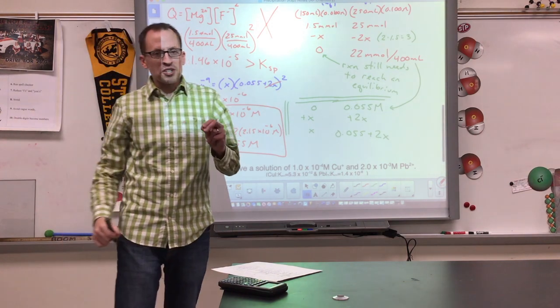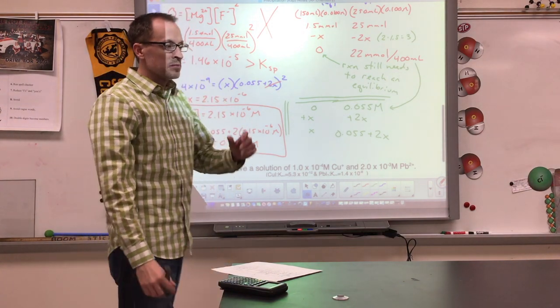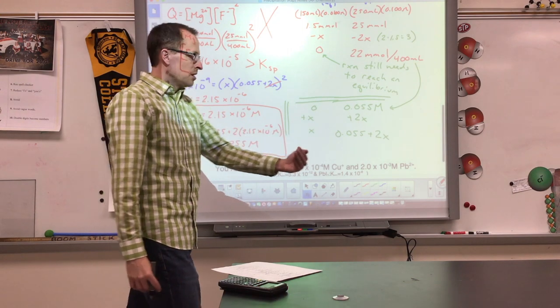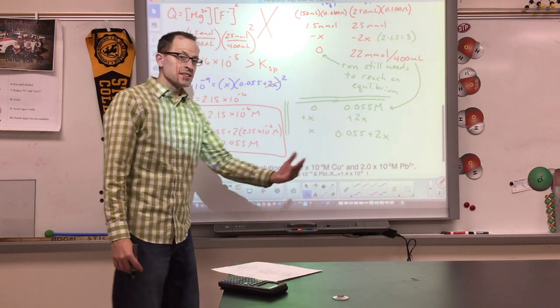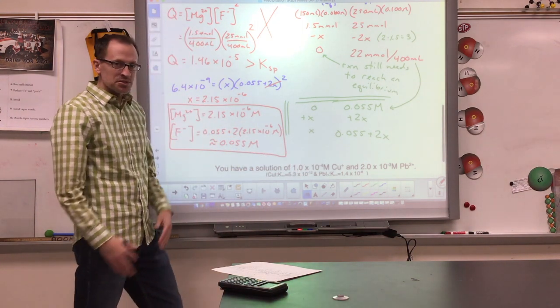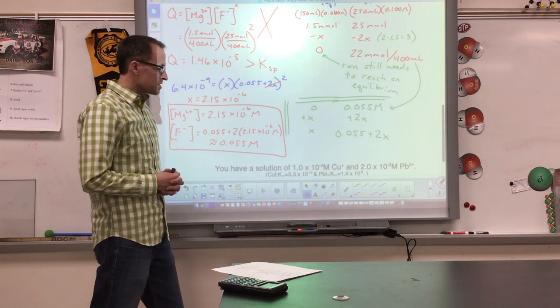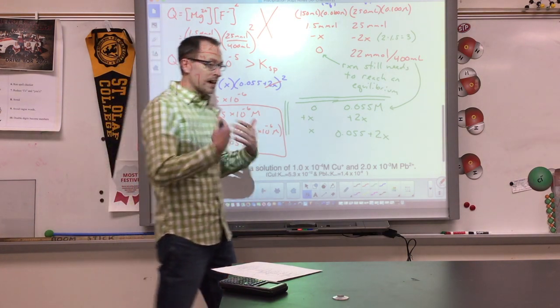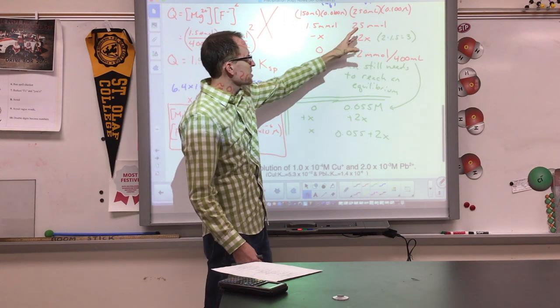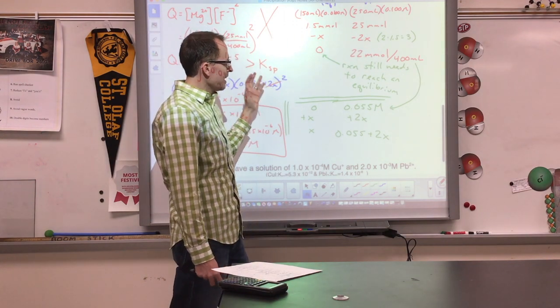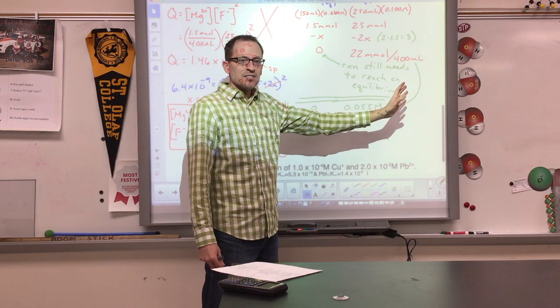Those are the concentrations of my ions at equilibrium. Not all of it dissolved, but the maximum amount that did dissolve are those two values, and they equal my Ksp. Okay, I think that's the hardest question, because what you have to do is actually drive the reaction back and then flood it forward, reaching equilibrium.